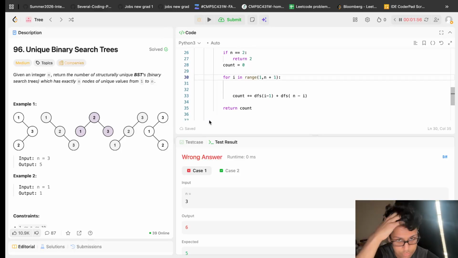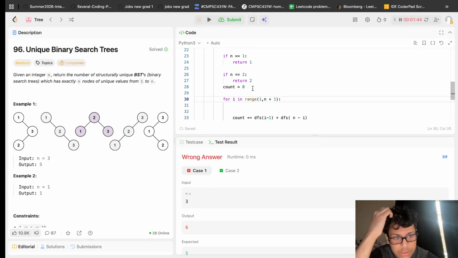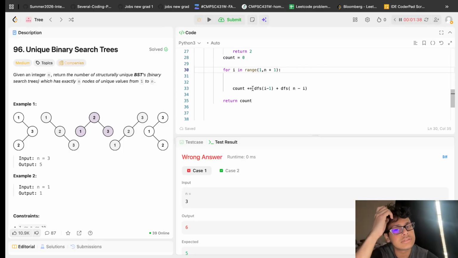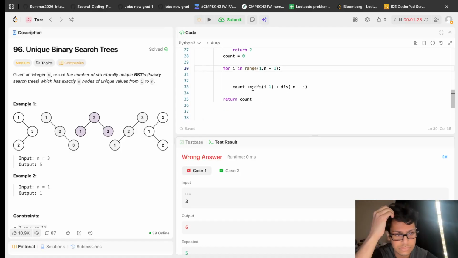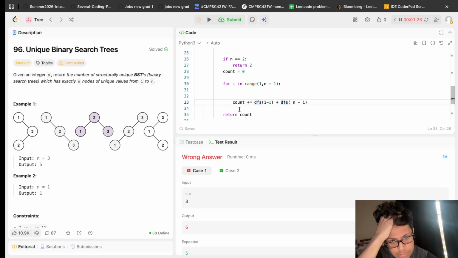What about if we choose 2 as our root? Count plus equals DFS of 2 minus 1, which is 1. That returned 1. Plus, it's not plus, clearly. It might be max.